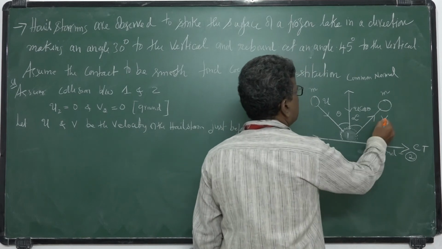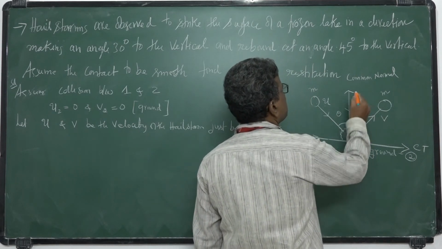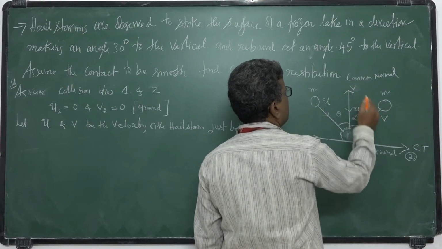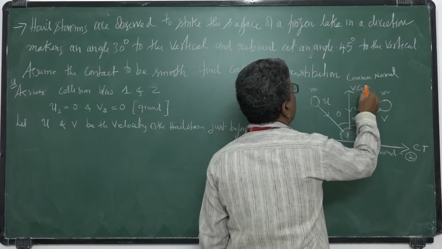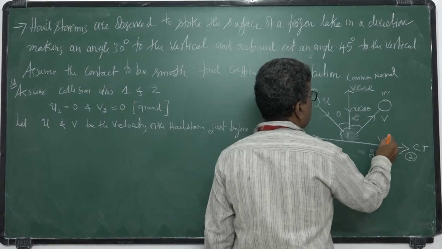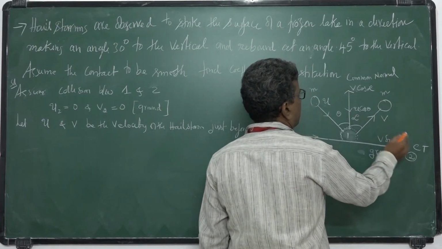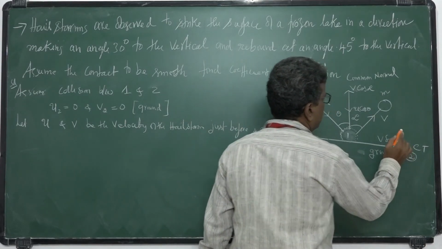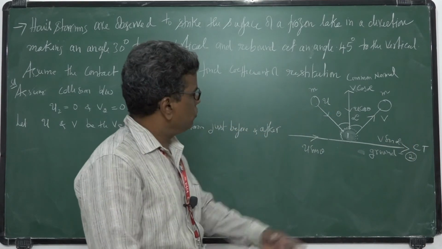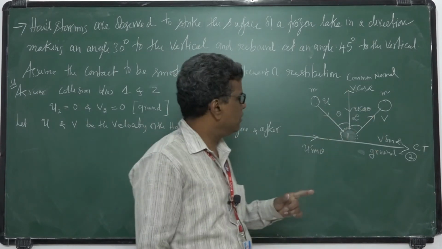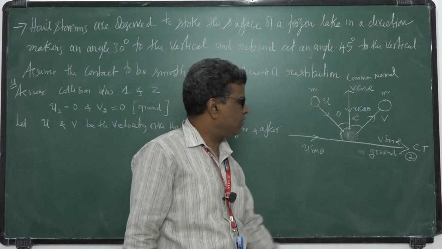After collision, its component in this direction is v cos alpha, and in this direction v sin alpha. So I resolved these velocities u and v into components before and after collision.